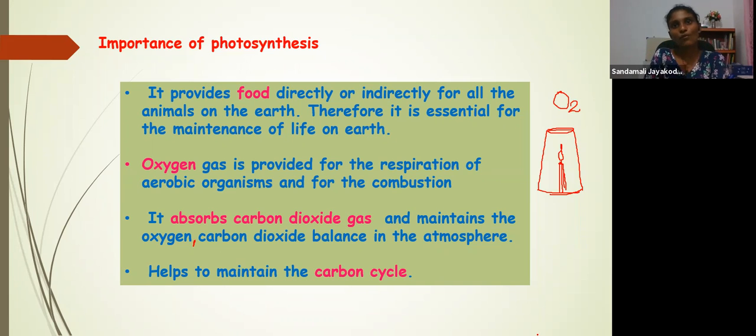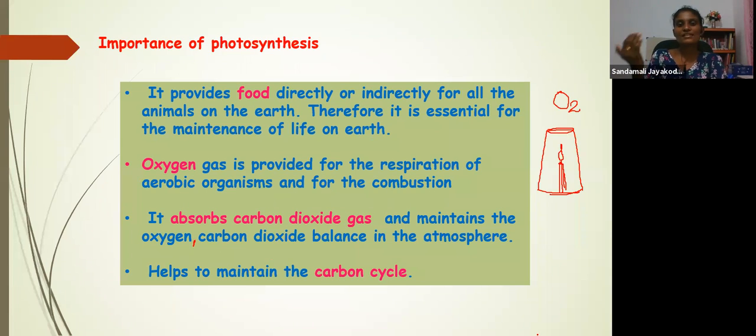And when all this organic matter decays, all the plants and animals and dead organic matter, like dead bodies of animals and plants, they are going to be deposited on the ground. Finally, they turn into fossil fuels. So that is the overall idea of the carbon cycle.